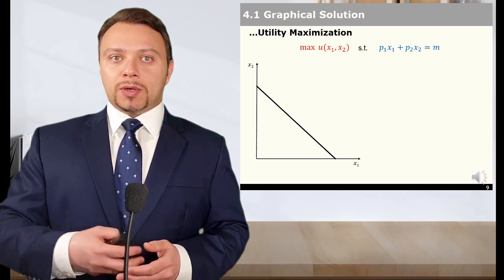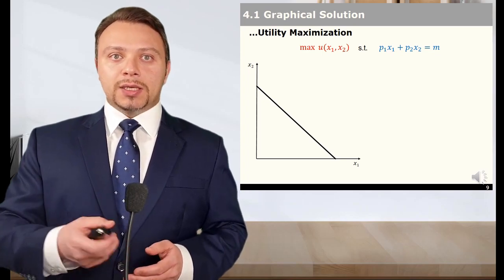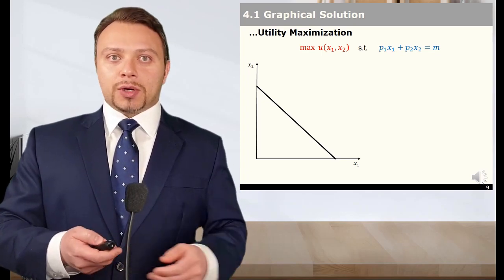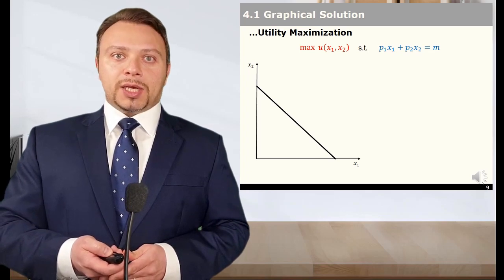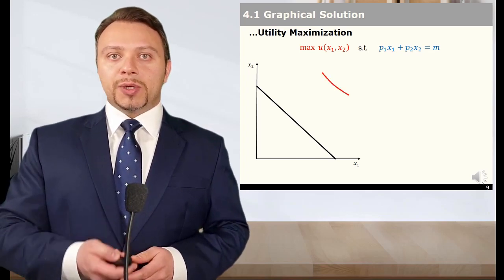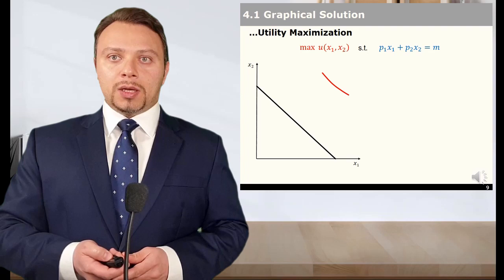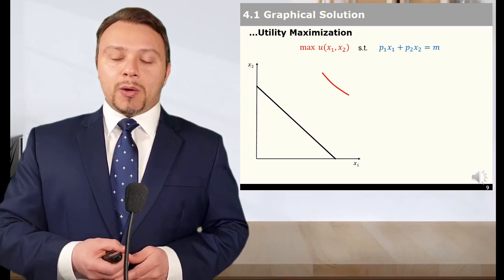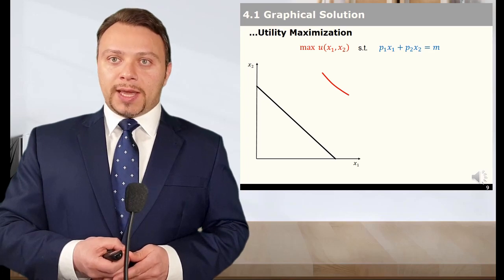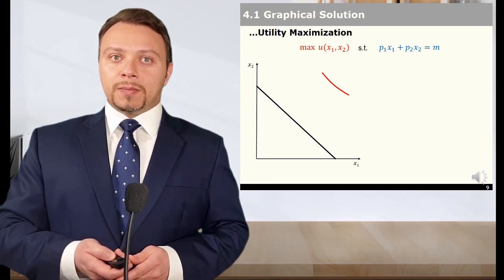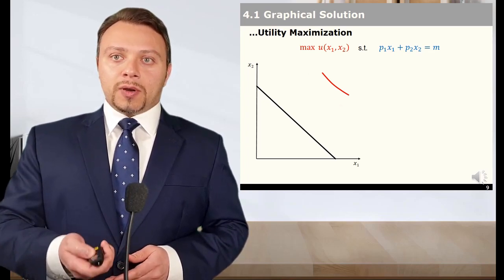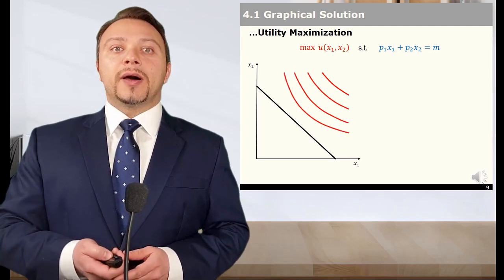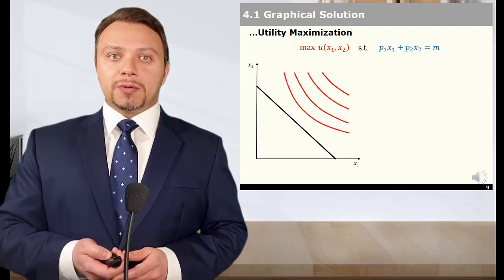So maybe 90 or 80 elves versus 80 orcs. Buying such a bundle would represent this utility level. It is really high for your brother. He would be really happy with it. However, unfortunately, with the budget he has, he cannot afford it. The same holds for all these three other indifference curves which we see here in the diagram.